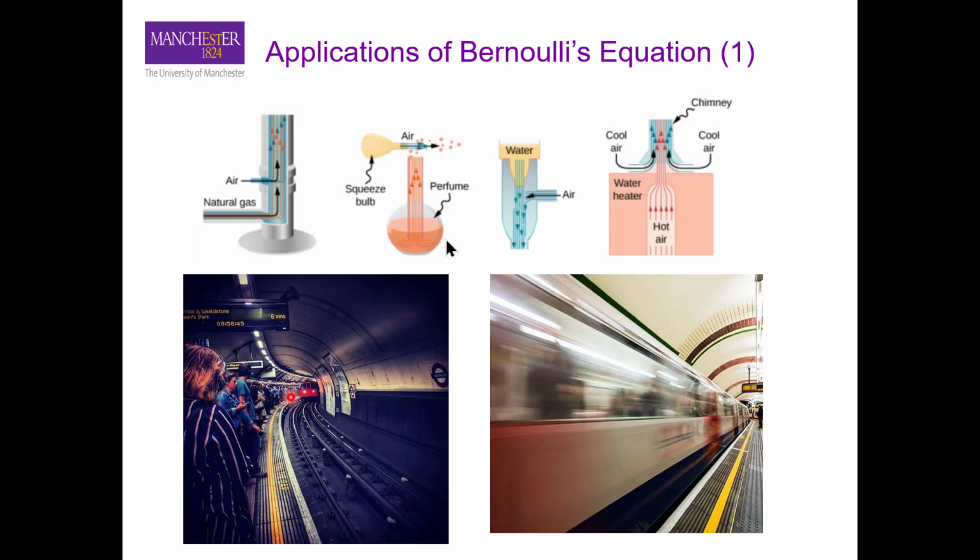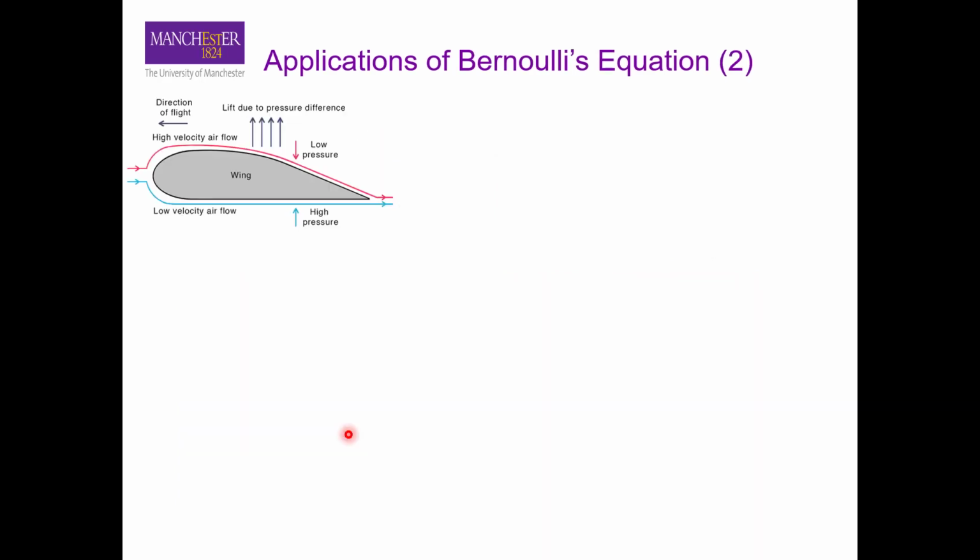That is one of the reasons that there are always announcements to stand behind this yellow line. That is because you don't want to get hit by the train, but also because this fast moving train is creating a slight suction around it or at the back of the train. Okay, this is the same concept of Bernoulli's equation.